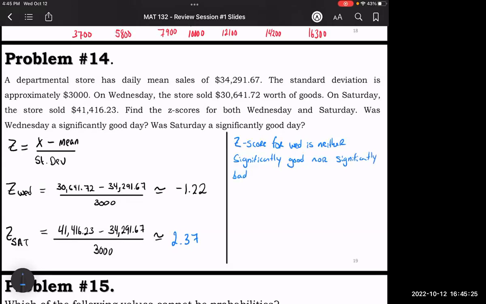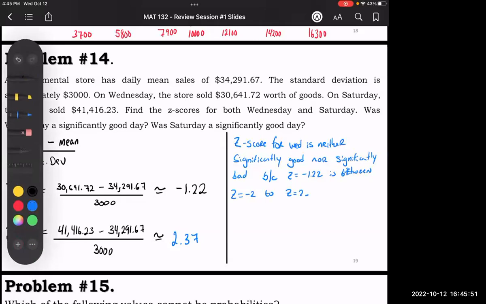And the reason why is because that value, -1.22, is between -2 to +2, right? Because Z equals -1.22 is between Z equals -2 to Z equals +2.